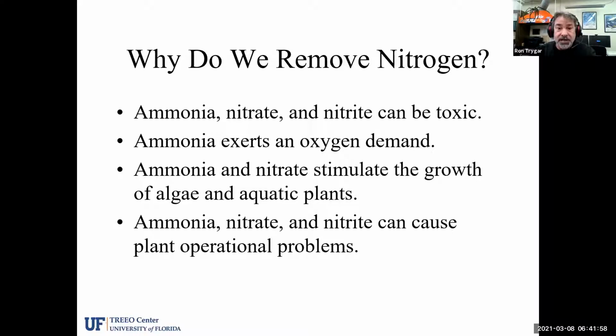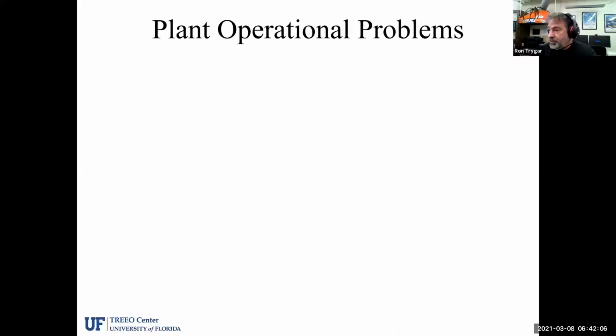So we want to try to uncover some of those mysteries on why we have chlorination problems or effluent toxicity problems. So plant operational problems can result from forms of nitrogen found in the wastewater coming into the treatment plant, or being found through different places of our treatment plant, like in our clarifiers or aeration tanks or chlorine contact basins, those types of things.